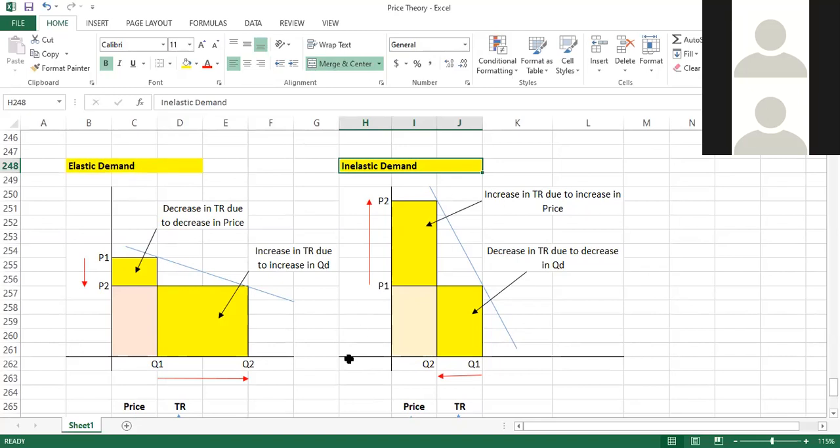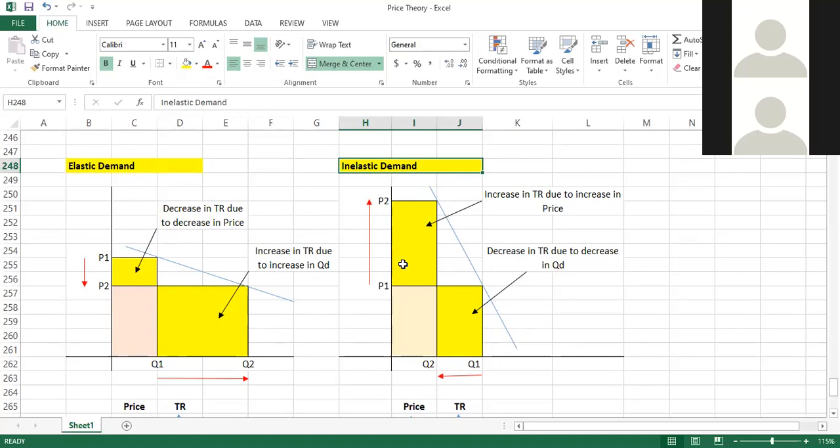To generate the highest possible tax revenue, it is better to impose the tax on products with inelastic demand, because indirect taxes mean the most likely result is a price increase.